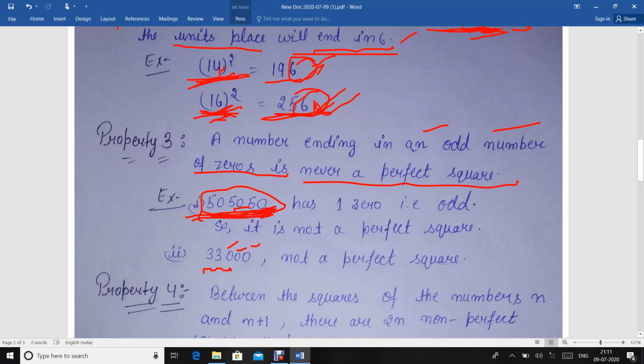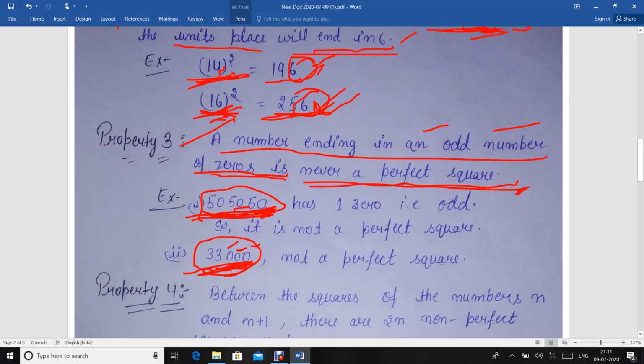There are 3 zeros at the end of this number, and as we know, 3 is an odd number, so the number of zeros is odd. If you do the prime factorization, you will find that it is also not a perfect square. So property three is: a number ending in an odd number of zeros is never a perfect square.